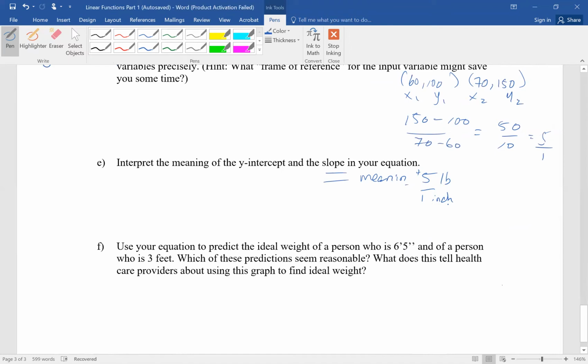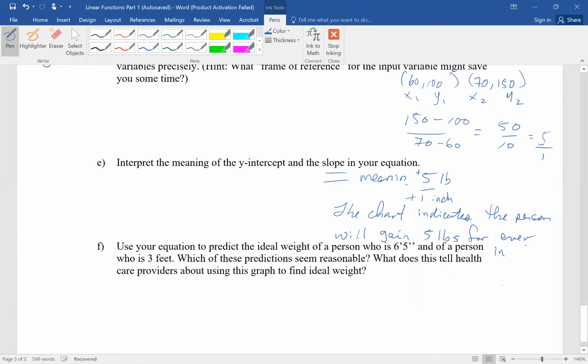The chart shows or indicates the person will gain or go up, however you want to say it, 5 pounds for every inch. Now notice that's also possible or positive.